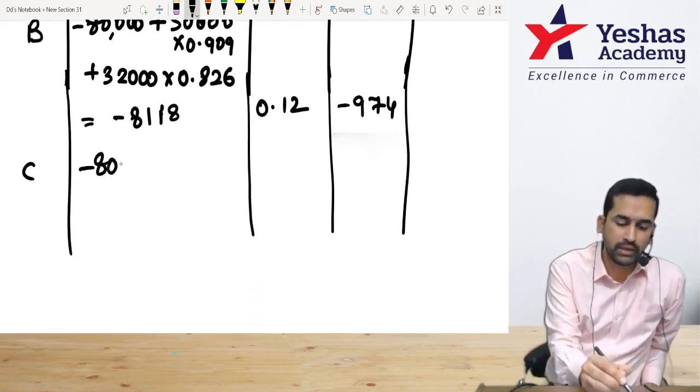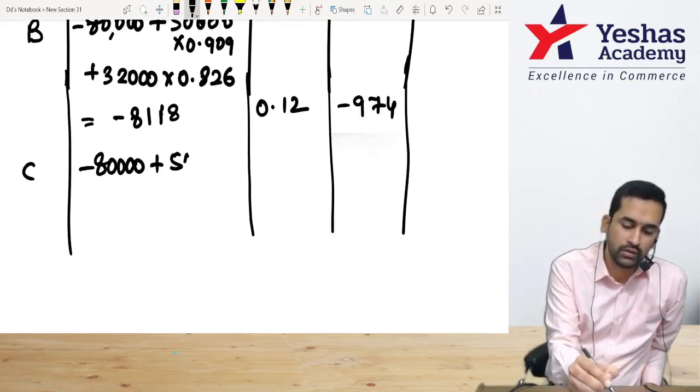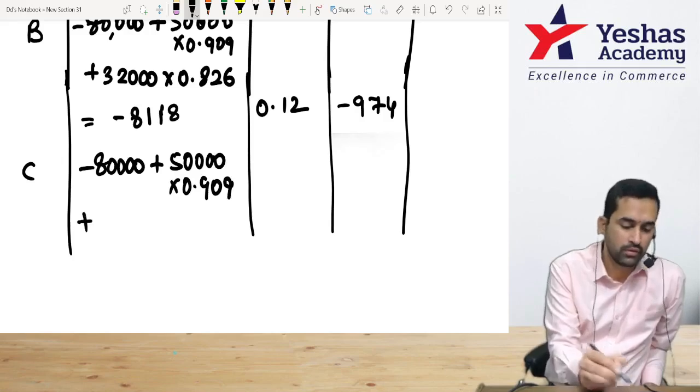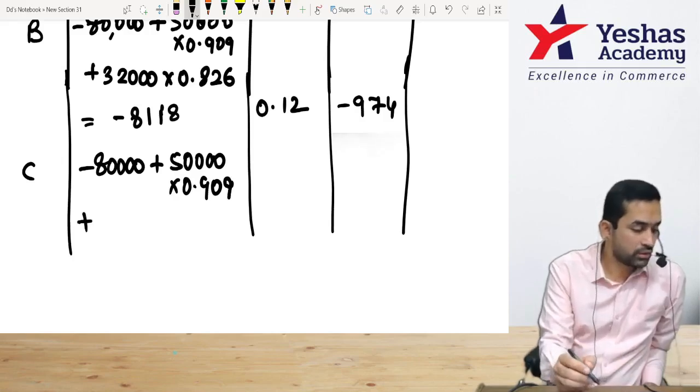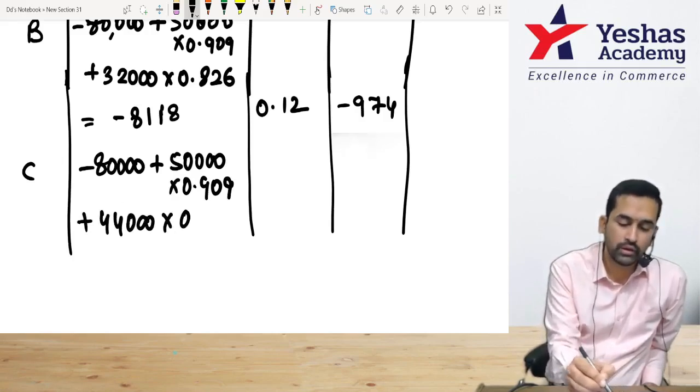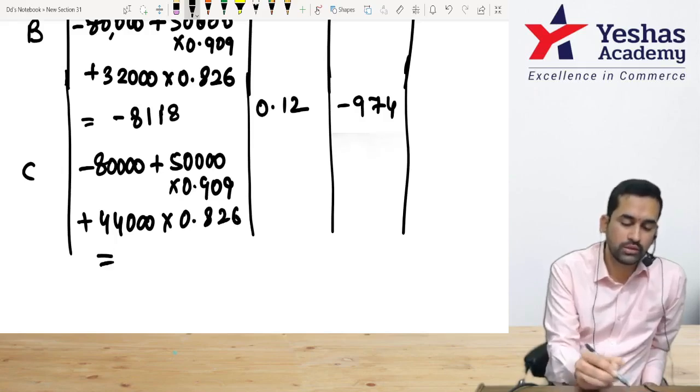Path C, same minus 80, same 50,000 positive, but year 2, last number is 44,000 into 0.826.